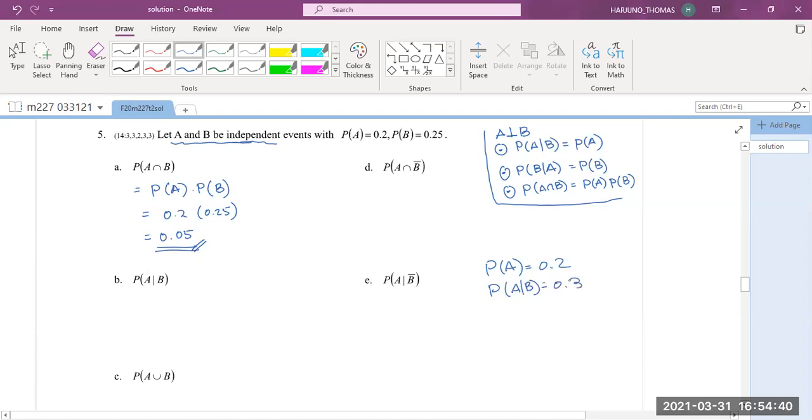You see that if they are the same, then they are independent, right? But because the probability of A, not knowing whether B happens or not, is 0.2, while the probability of A given B is different from 0.2, then we know for sure that A is not independent of B.